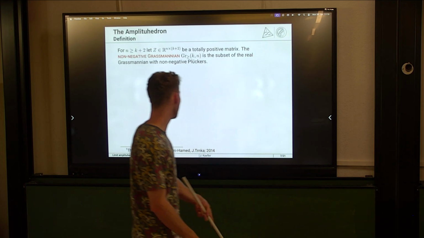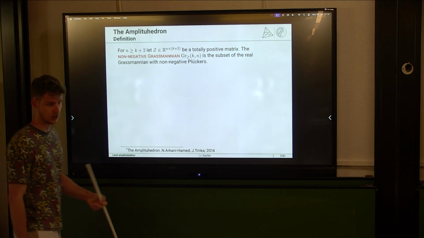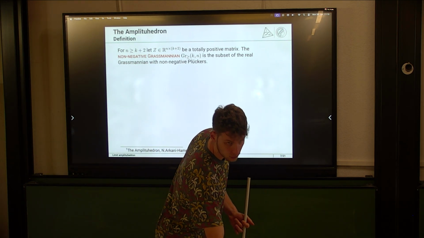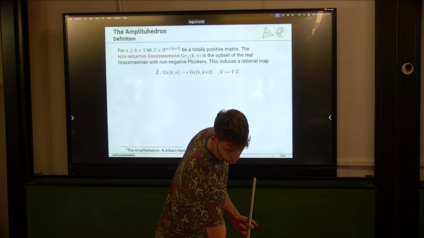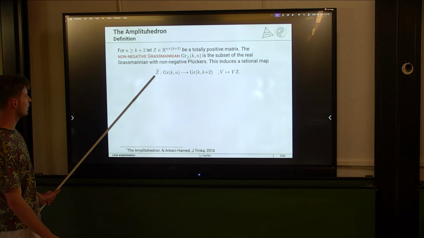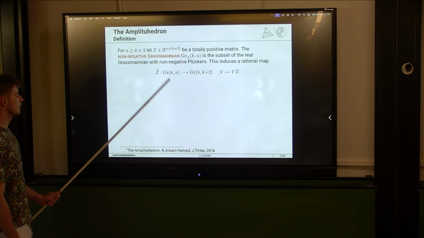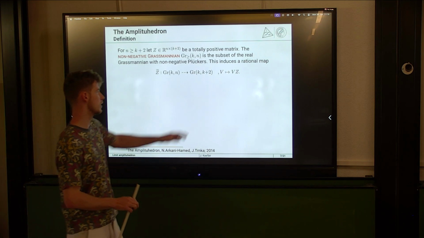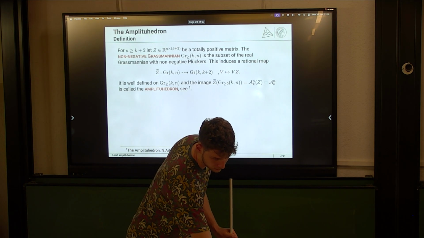So the non-negative Grassmannian we denote by Gr≥0(k,n). This is just, as usual, where all the Plückers in its Plücker embedding have the same sign. And then the amplituhedron map is denoted by Z tilde, and I just multiply, well, I think of my elements in the non-negative Grassmannian Gr(k,n) as k times n matrices, and then this is just matrix multiplication as usual, by the left.